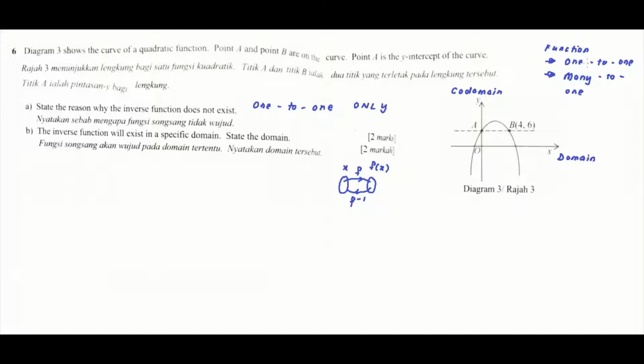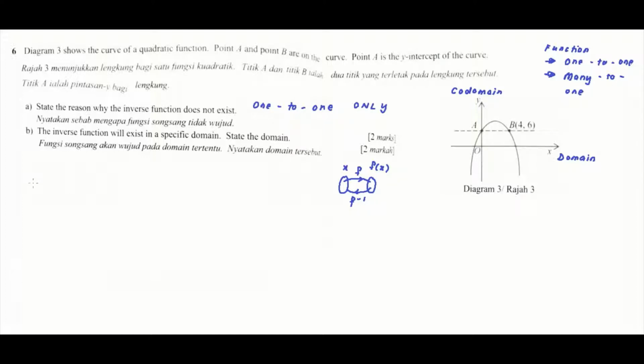For a function, one-to-one or many-to-one is considered a function. But for an inverse function to exist, we only accept one-to-one, because the reverse process of one-to-one gives us one-to-one, but the reverse process of many to one gives us one to many, which is not a function.